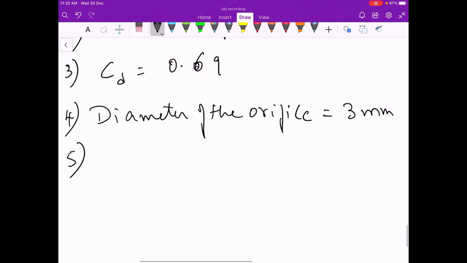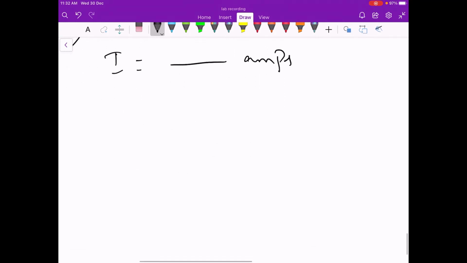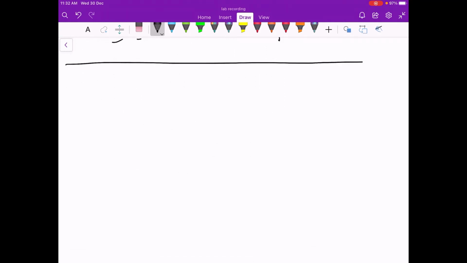Then the fifth one: you have to record the voltage in volts and the current in amps. It is for every experiment you should be doing it. Now I will show the tabular column. This is the observation you need to go for.